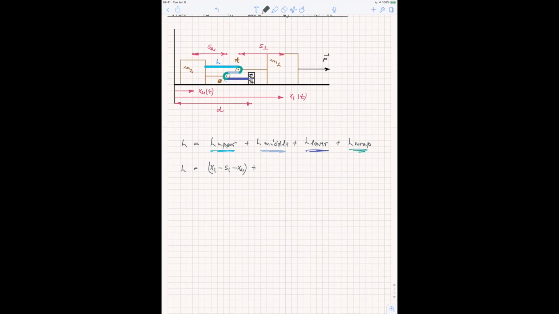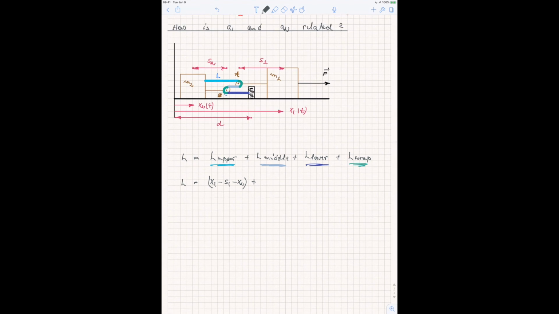Now the middle, this is a little bit more complicated. Let's first do the lower section. The lower section in principle is very similar. Let's focus our attention on that little block here.